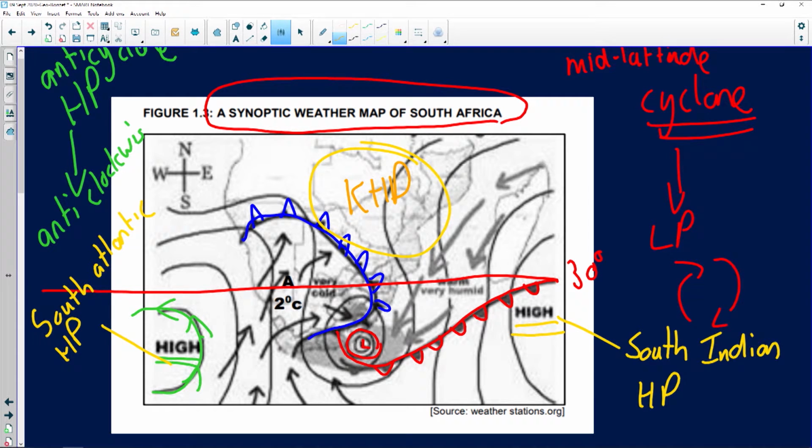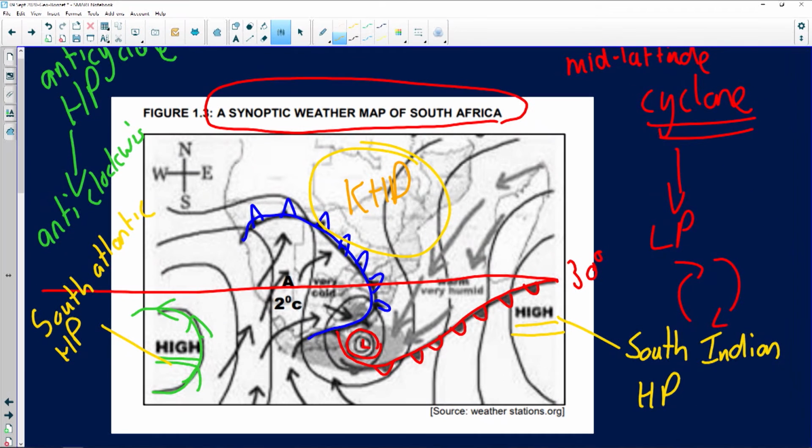Like I've mentioned before, when you see the two fronts, you know immediately it's a mid-latitude cyclone. Going back to our diagram, how does this mid-latitude cyclone move? It moves from west to east. The simple reason why is because it moves in the westerlies.